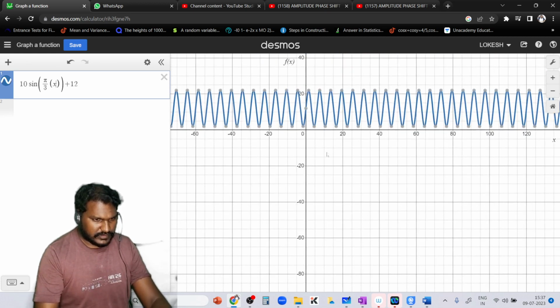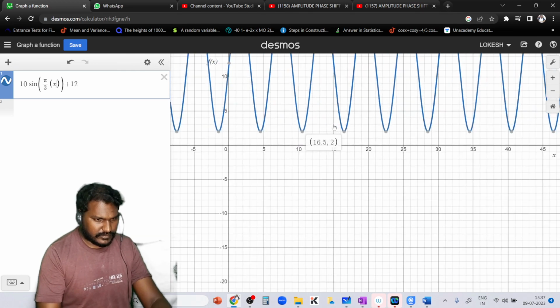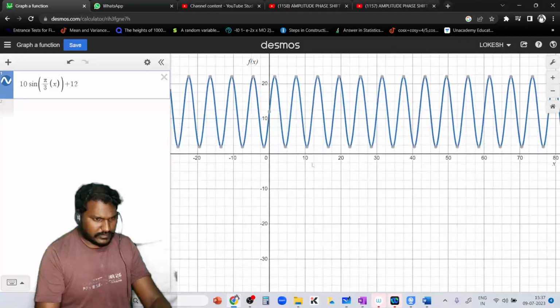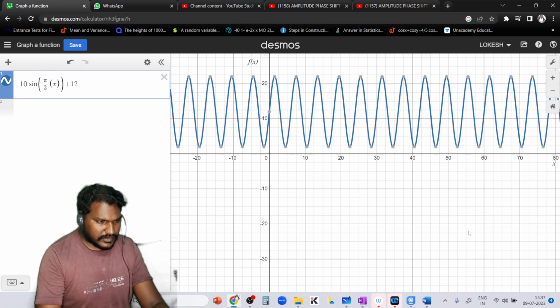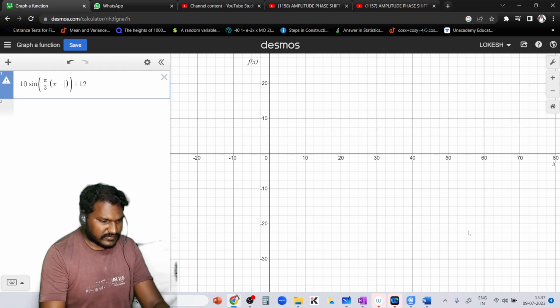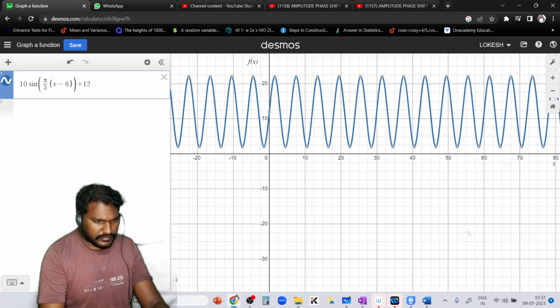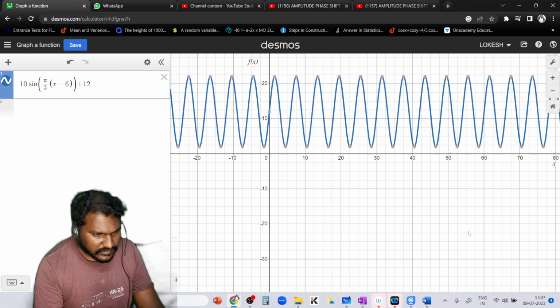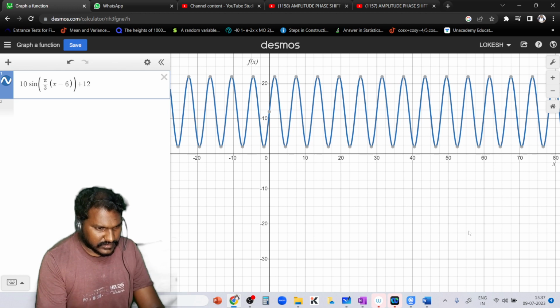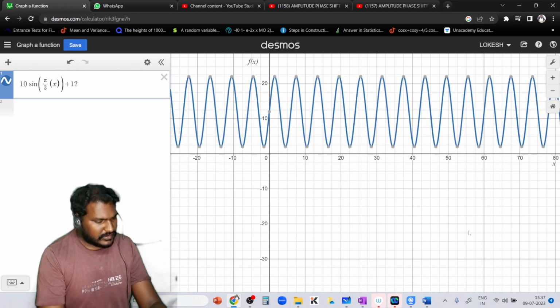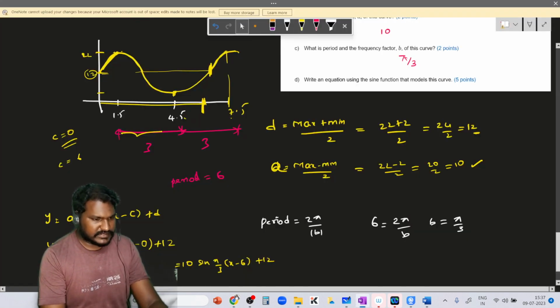Yeah, this is the graph. And if you put the c value as 6, x minus 6, the graph is not going to change. Yes, it is not going to change. So for both values it's correct.